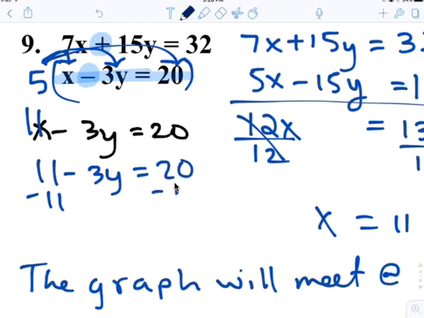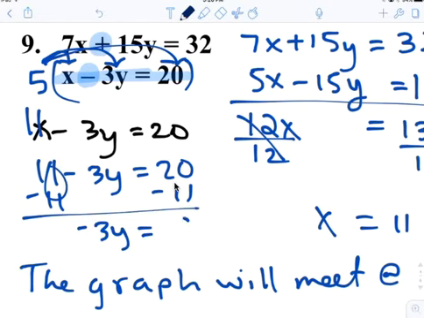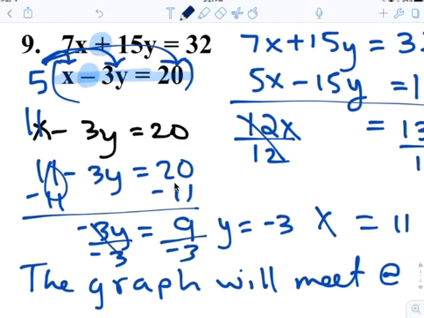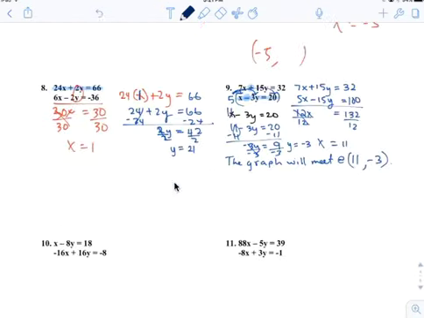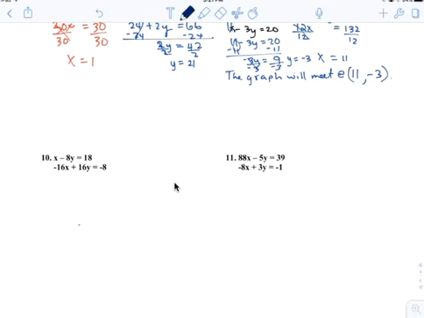Minus 11, minus 11, 0. So -3y equals 9. Divide by -3. Y equals -3. So we'll meet at 11 and -3. Period.